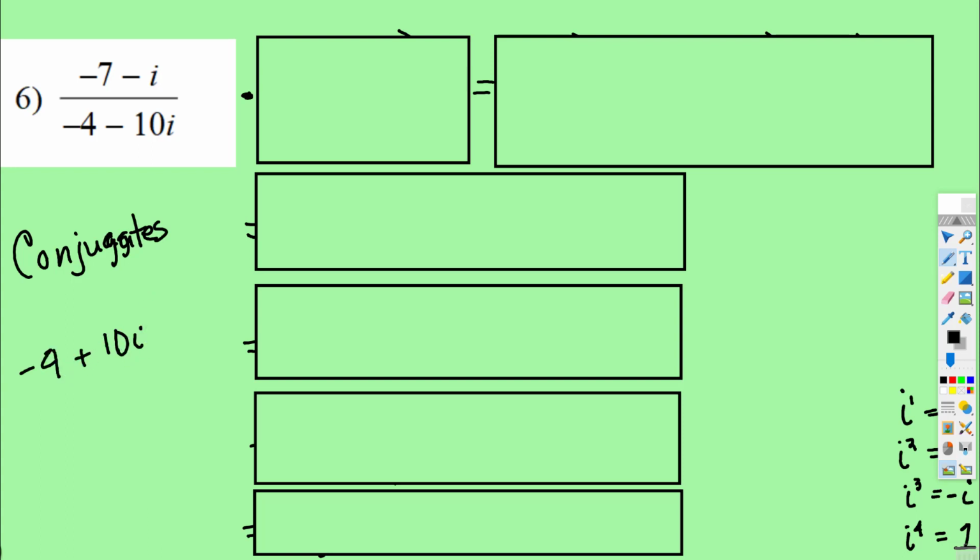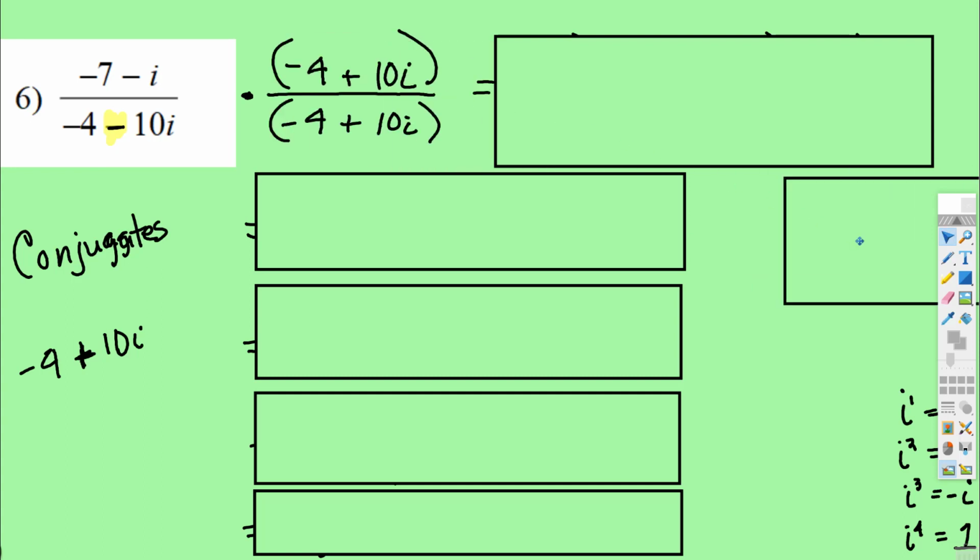The conjugate only deals with the operator. You don't do the opposite signs of -4, 10i. You leave those. You take this middle operator, and the conjugate is the reverse of that. So we're going to multiply top and bottom, numerator and denominator, by -4 plus 10i.